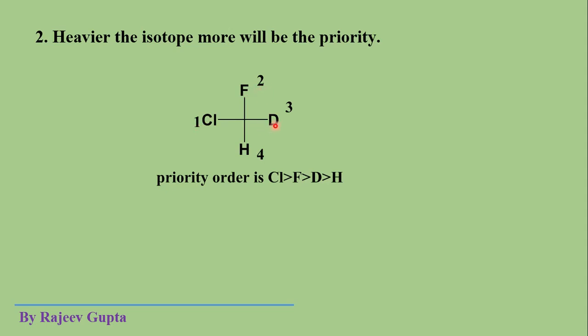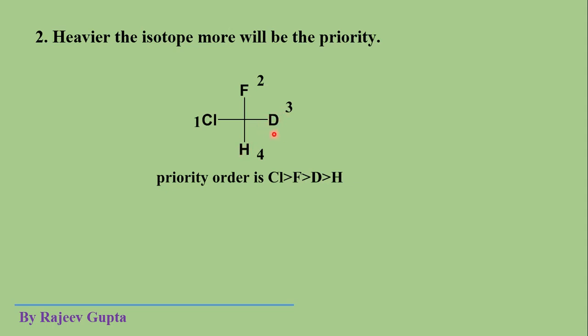Now fluorine. Now consider these two atoms, hydrogen and deuterium. Hydrogen has one proton and zero neutrons, and deuterium contains one proton and one neutron. So the atomic numbers of both atoms are the same and both are isotopes.